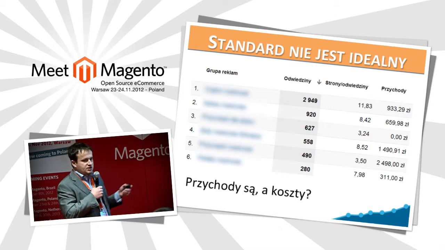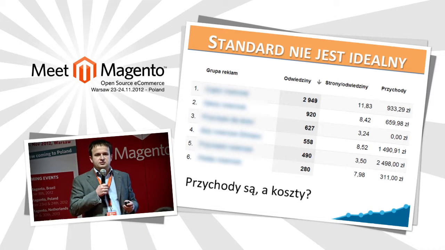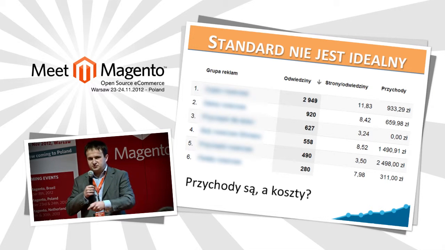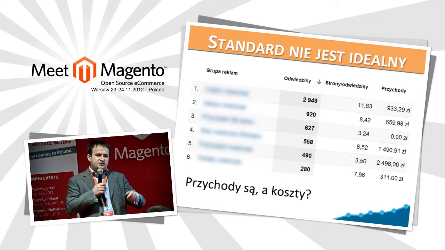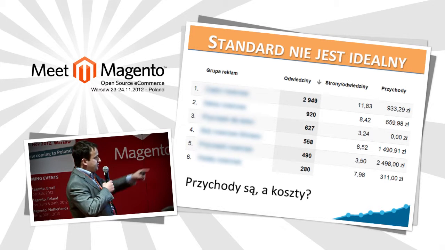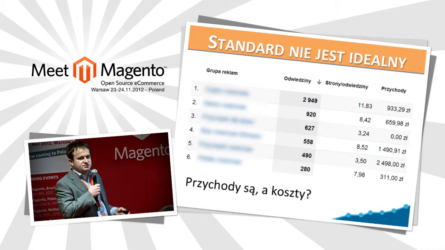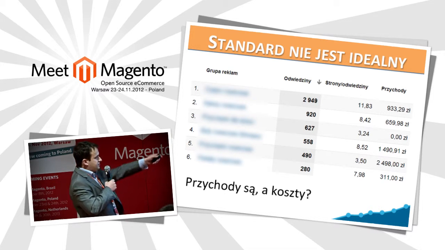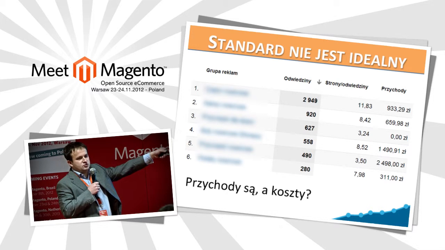Let me give you a simple example. It is a report showing traffic from AdWords in analytics. It is very nice. You can see revenues per campaign, groups of ads and keywords. I have deleted several columns to make it more visible, but the most important thing is that we have revenue, but we don't have a column with costs.